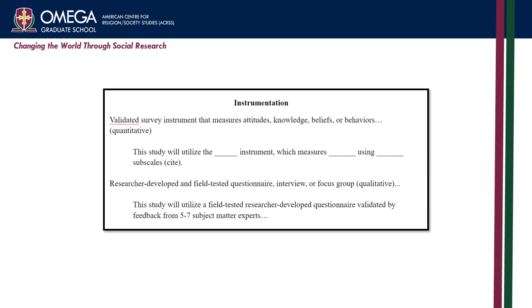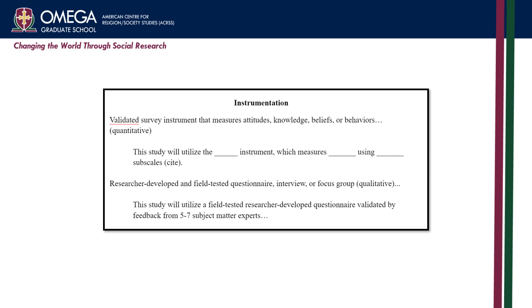This study will utilize the blank instrument, which measures whatever variables or latent variables are measured in that instrument, using, and then even state the subscales if those are provided, and cite that instrument from the literature.